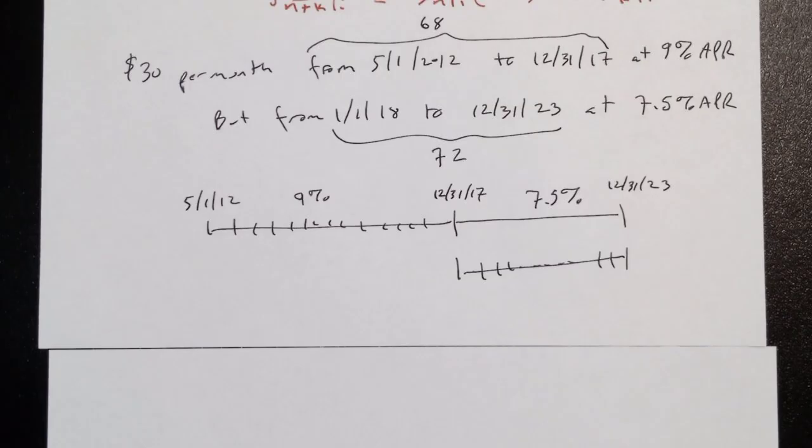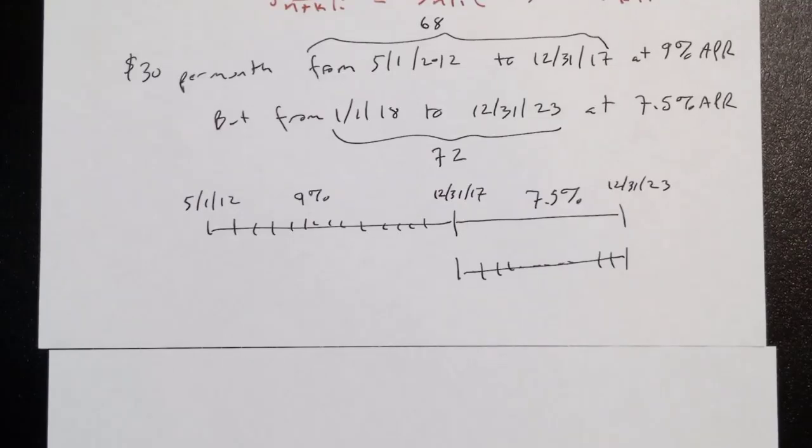The other way we could do this is we could say, hey, I'm going to do all the 9% stuff first, and then I'm going to do all the 7.5% stuff. Which way would you like to do the calculation? Line by line or time by time? Time by time.